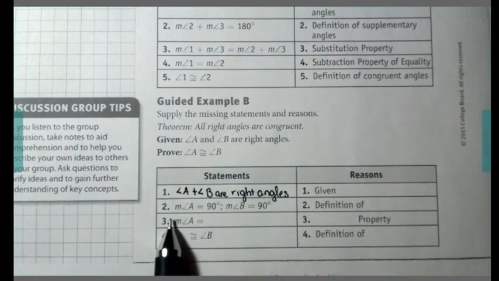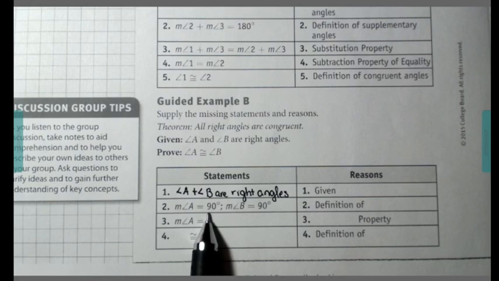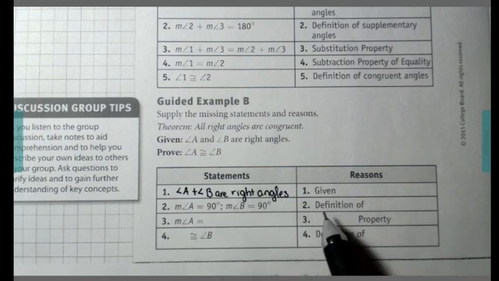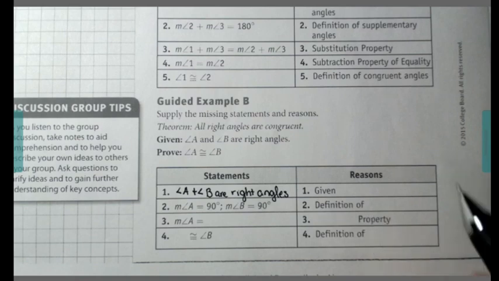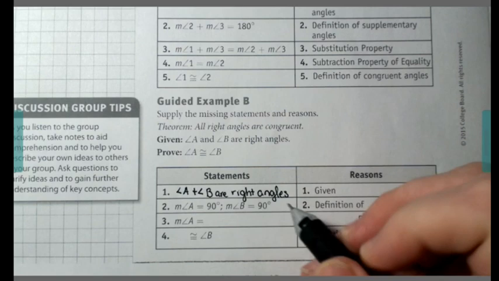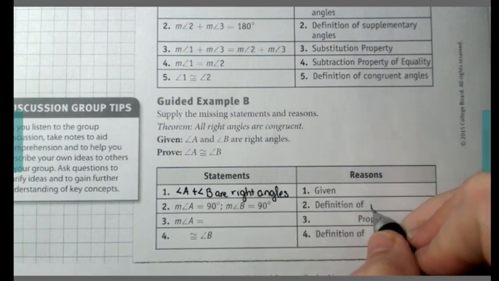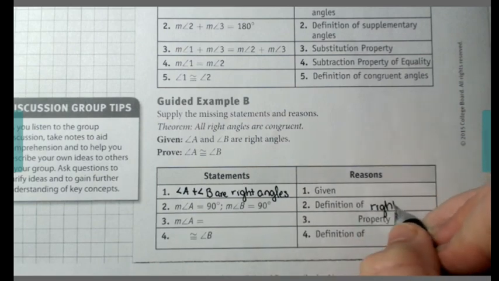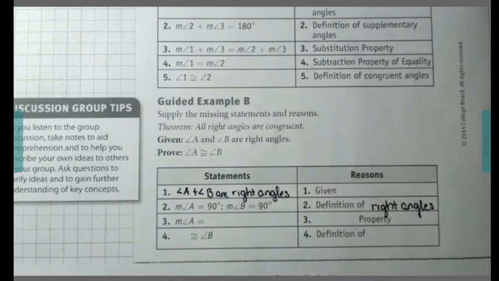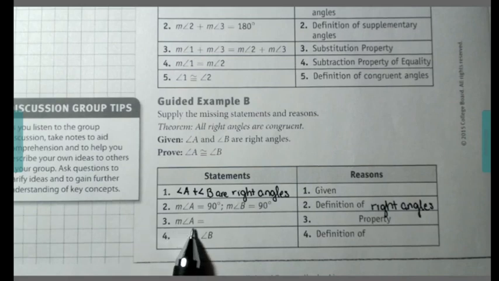Next, it says the measure of angle A equals 90 degrees. The measure of angle B equals 90 degrees. The definition that gives us that information is, well, the only thing we know up to this point is that we've got right angles. So, definition of right angles. Next, it states the measure of angle A equals blank.